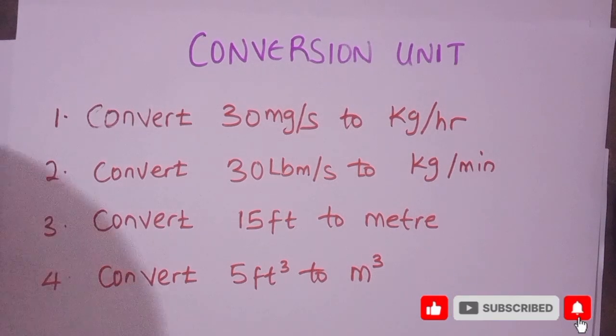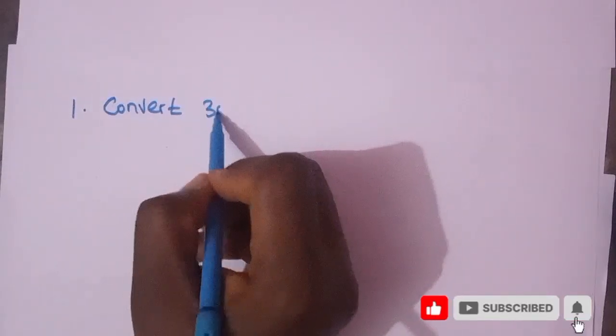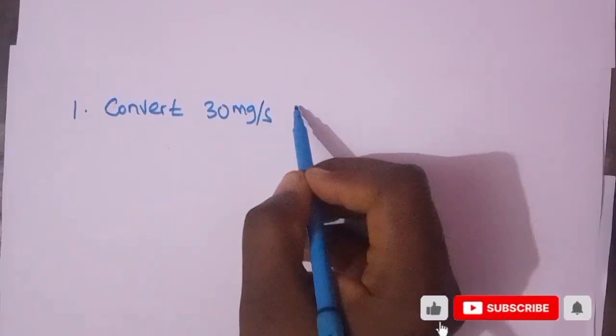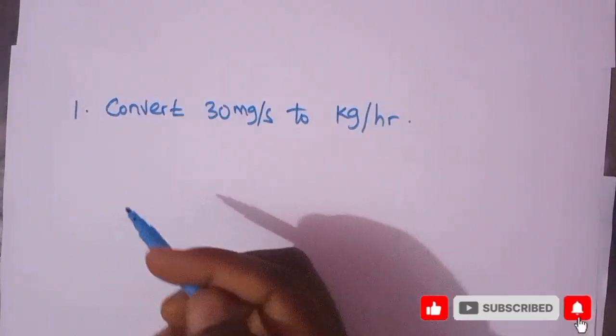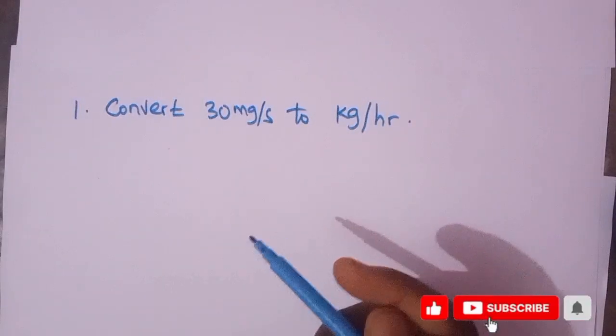Question number 1. We are asked to convert 30 milligram per second to kilogram per hour. First, let's understand why we are converting it.